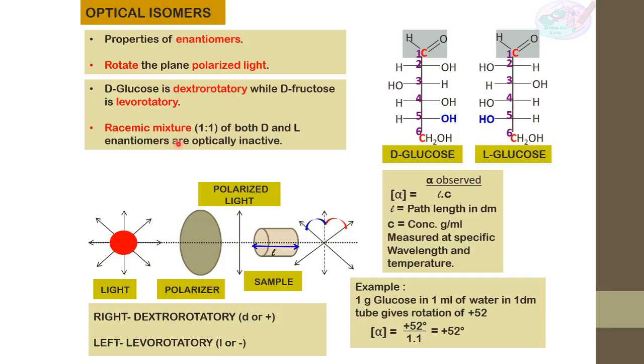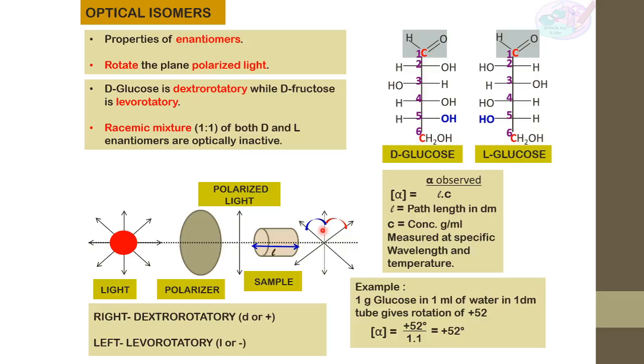One more term you need to know is racemic mixture. If you are taking a 50 to 50, or 1 to 1, ratio of both D and L sugar, then they will be optically inactive. Why? Because suppose you have taken 50 molecules of D glucose and 50 molecules of L glucose.